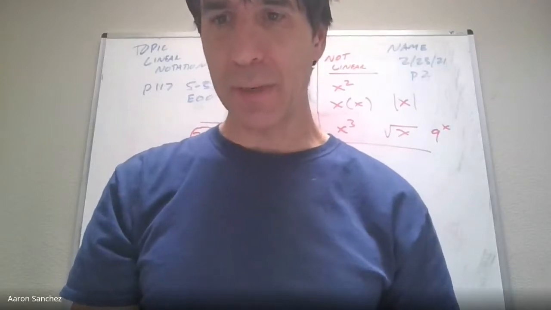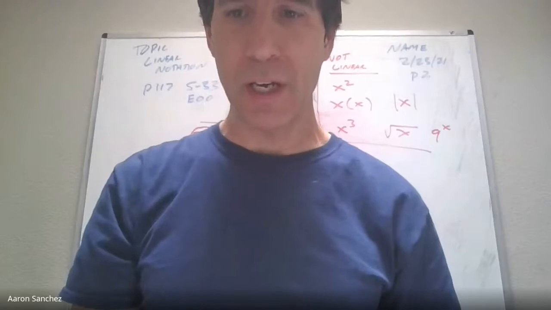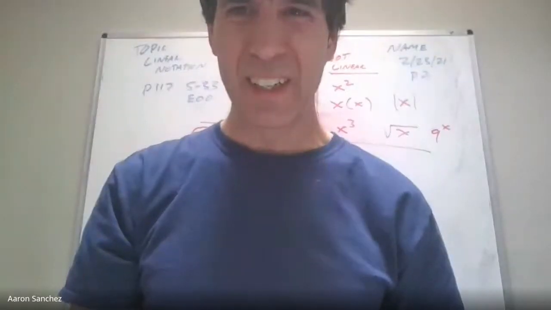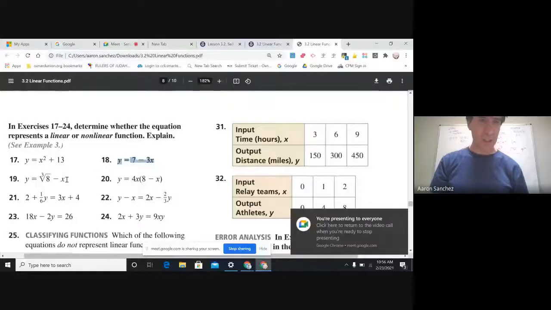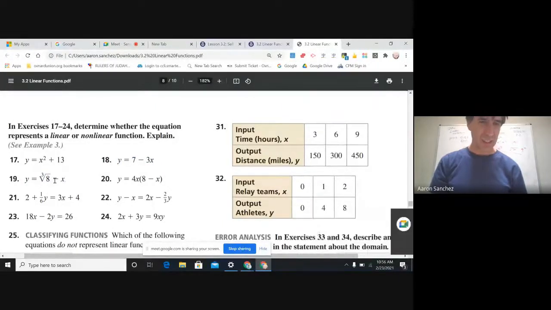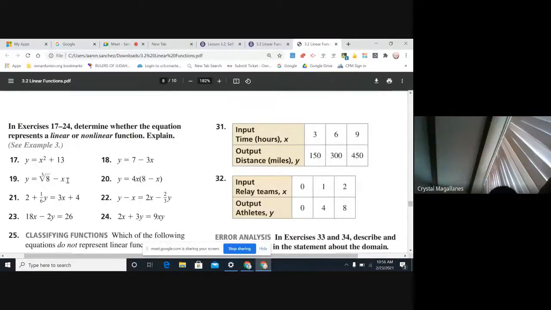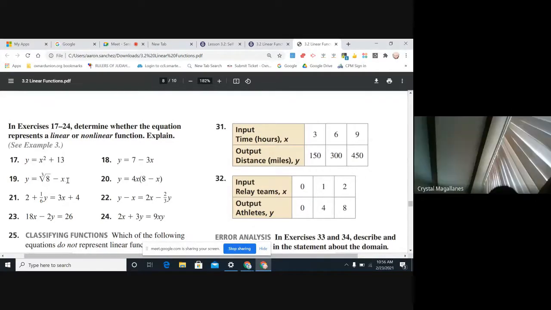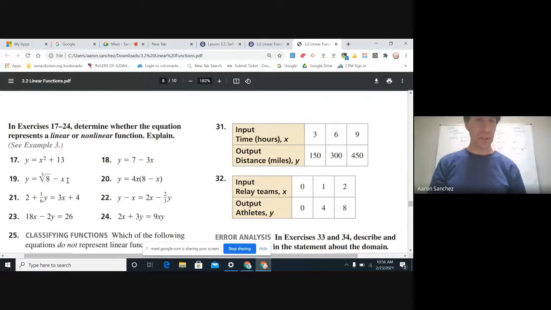Okay, Crystal Magallanes, tell me if you think this is a linear or nonlinear function. Ready? Okay, here we go. Number 19, the one I highlighted.